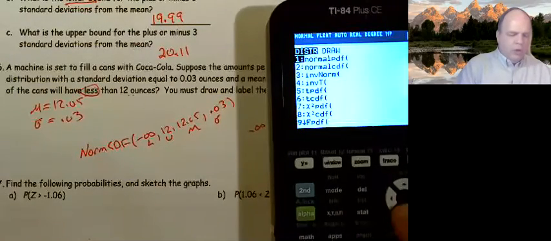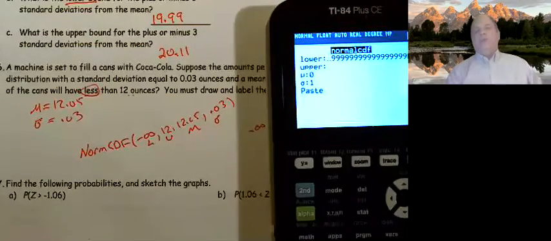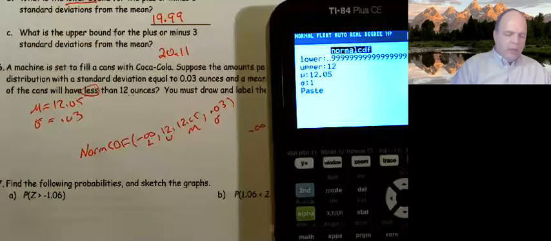Second vars, normal, CDF, negative 99999. Look, fill the screen up. I usually put about 10 of them in there. Upper bound, 12. My mean was 12.05, and my standard deviation was 0.03.